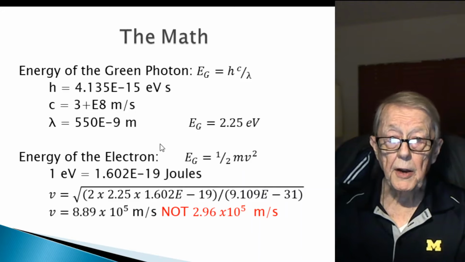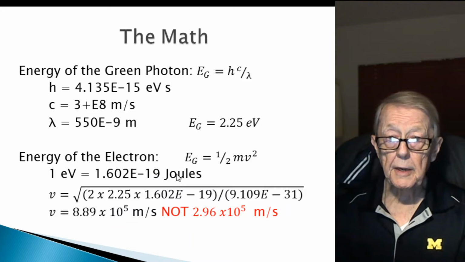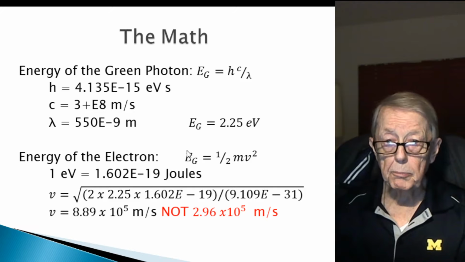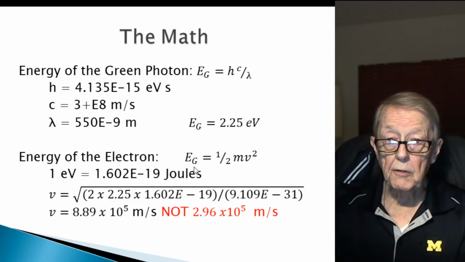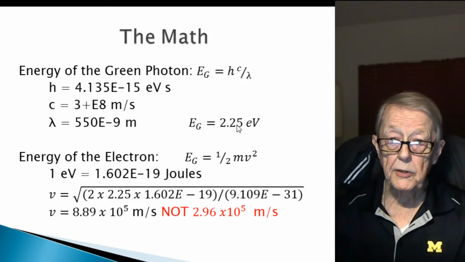Then I move on using the 2.25 and assuming that I can put that in for the energy of the electron, because energy is conserved. Energy in equals energy out, so I can use this value here, 2.25.